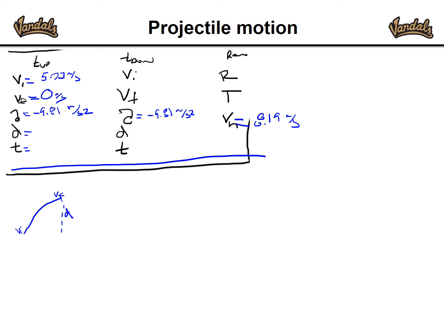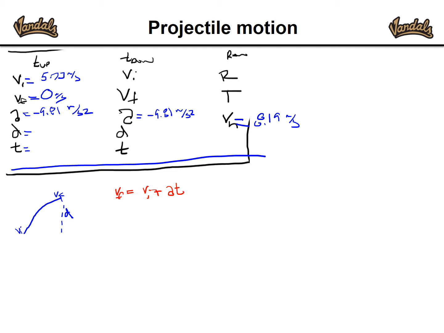There are a number of equations I can use, and I'm not going to write them all out here. You can go back and look at them. But the first one I'm going to use is VF equals VI plus AT. If you fill in what you know, you can solve for what you don't know.